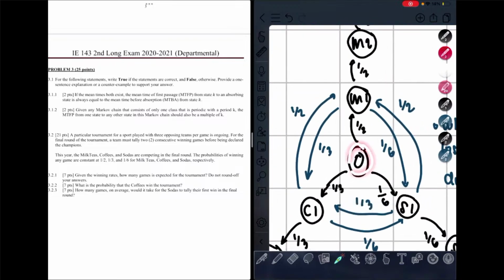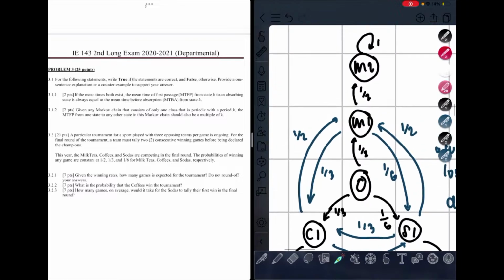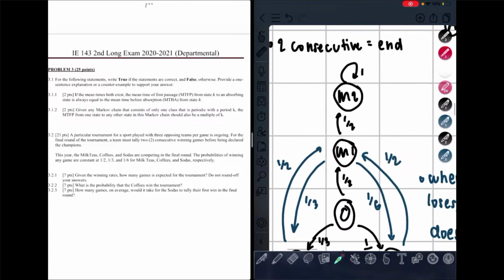So you start from zero. Zero just means no one has a win streak. Let's first focus on one team, so let's start with milk teas. It makes sense: there's a 1/2 probability that they win the first game, right? And that means after they win once, they have a win streak of 1.